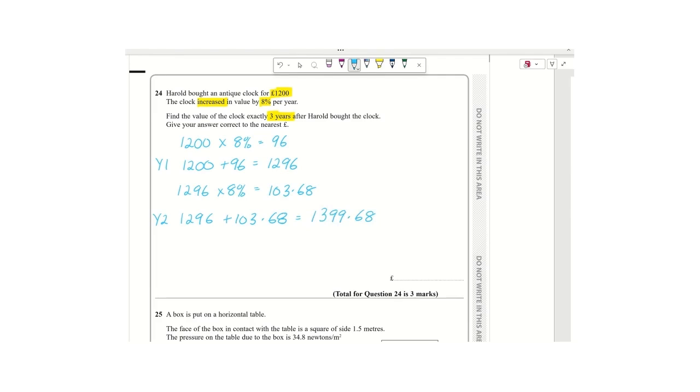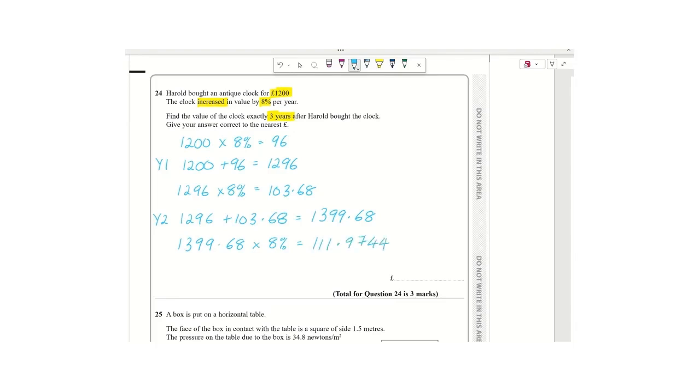So 1 more year. So at the start of this last year, it's £1,399.68 times 8%, which gives me £111 and then some decimals.